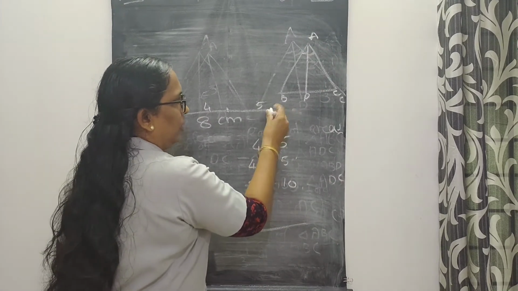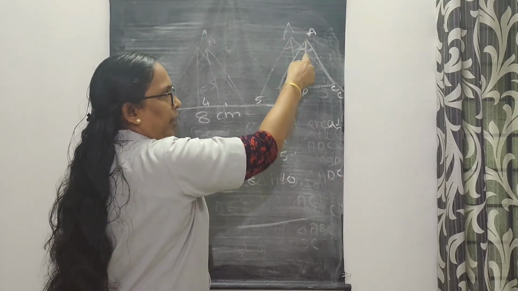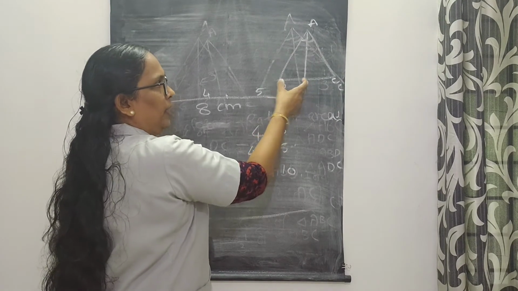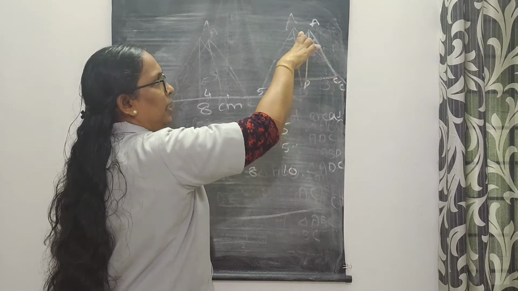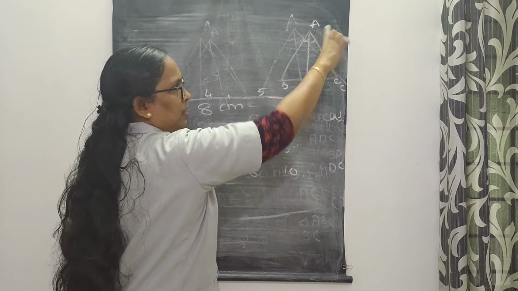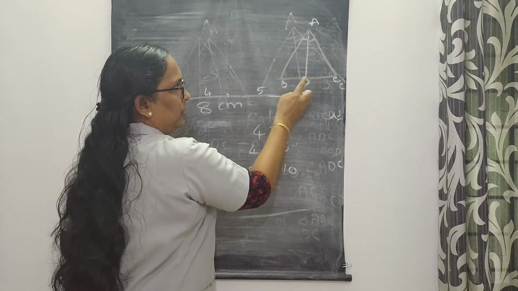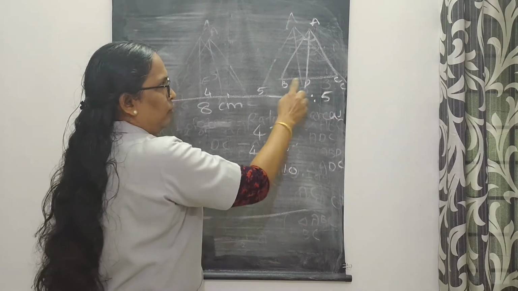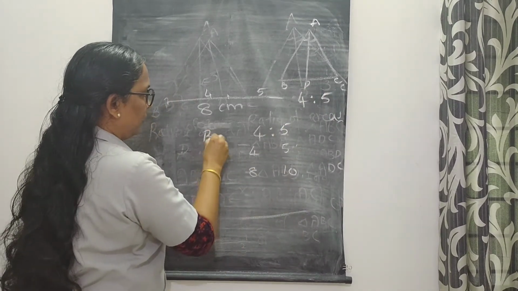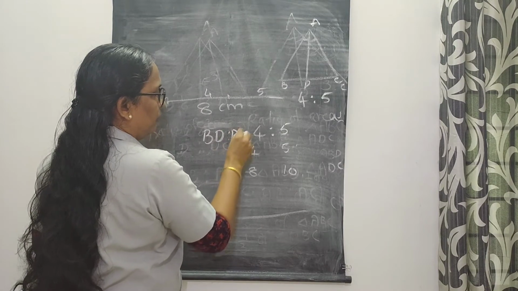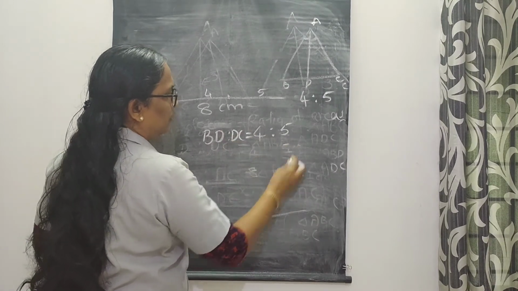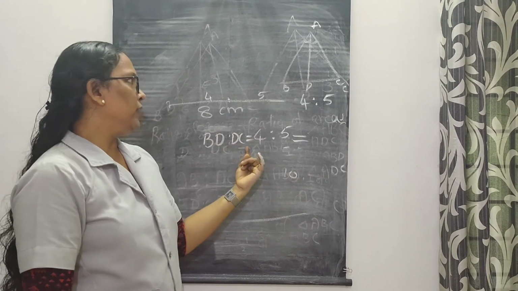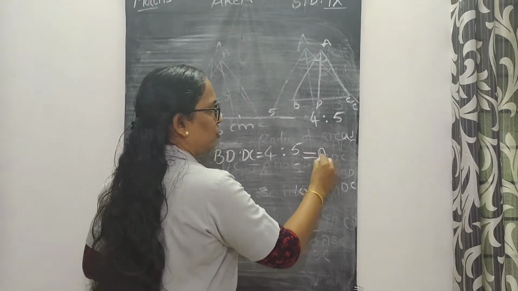Here we know the concept. If AD is a bisector of the angle, then BD is to DC is AB is to AC. So we have to divide this in the ratio 4:5. That is BD is to DC, here it is 4:5, which is equal to, what is that concept? BD is to DC means AB is to AC.